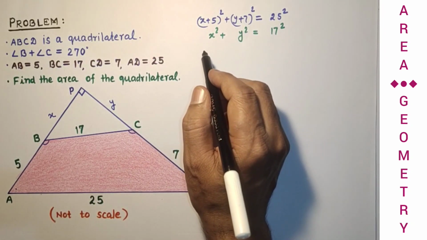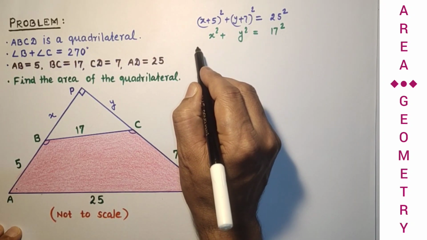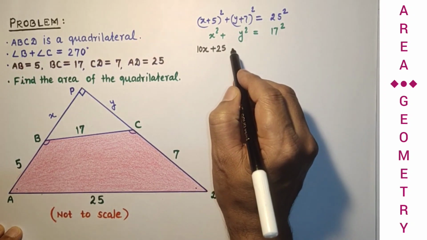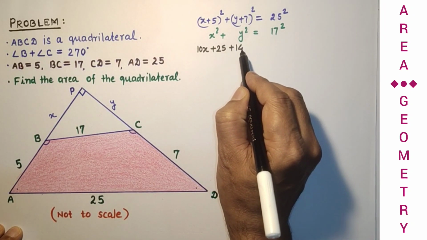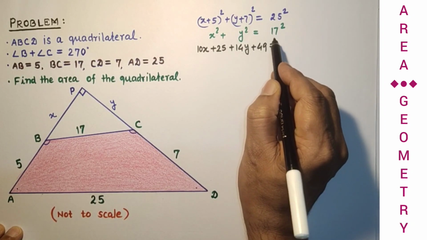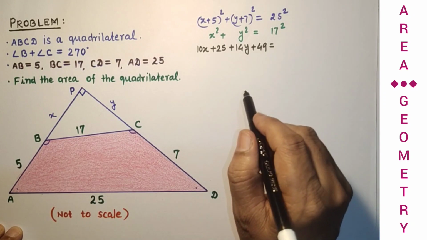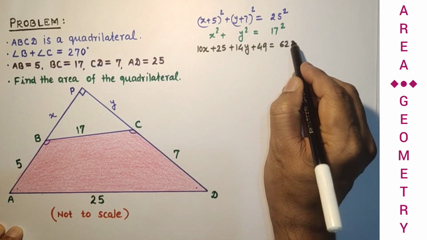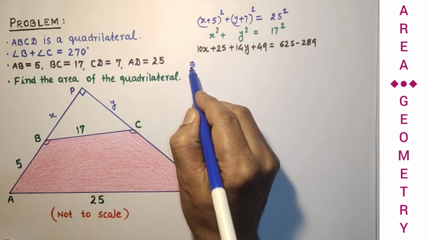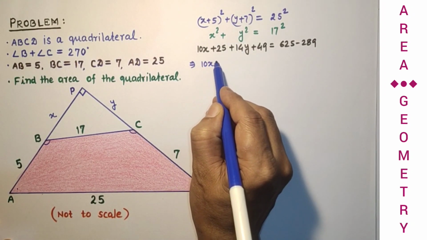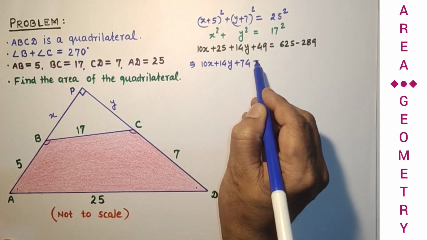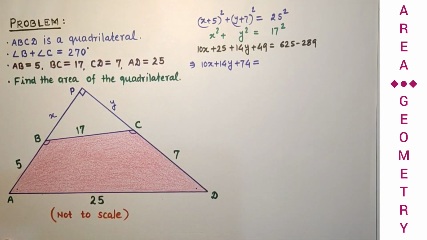So we are getting 10x plus 25 plus 14y plus 49 is equal to 25 square minus 17 square, so 625 minus 289, that is equal to 336. So 10x plus 14y plus 74 is equal to this minus this.